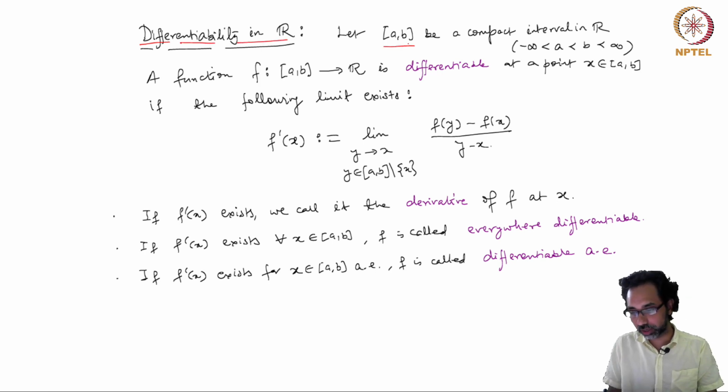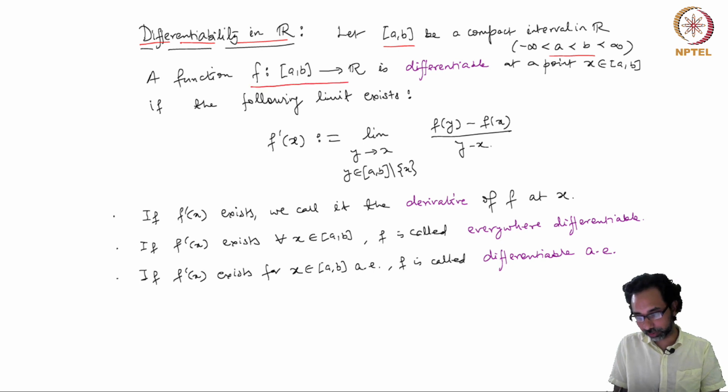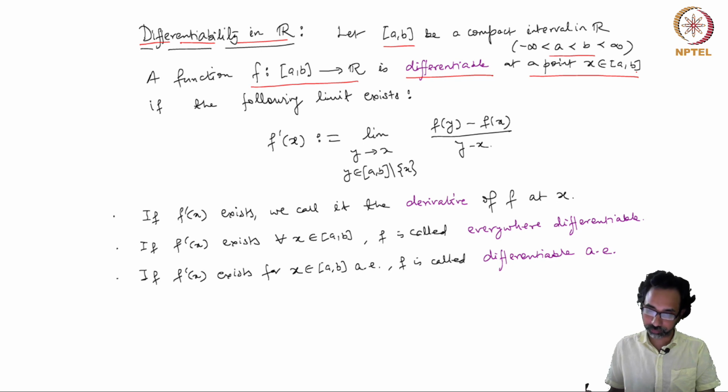So we fix a compact interval [a, b]. So here both a and b are finite real numbers, and we consider a function f from [a, b] to the real line. So this function is called differentiable at a point x in [a, b] if the following limit exists.